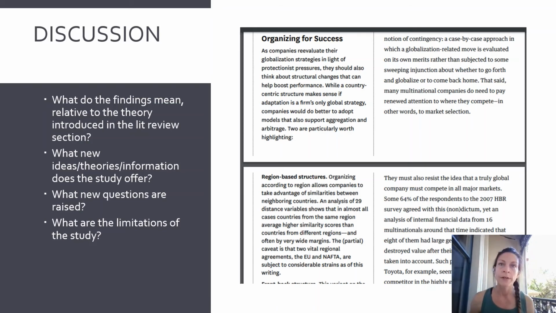You may have identified a new idea or a new theory or some information that previous studies simply have not been able to offer. So the discussion section is also going to highlight that. Anything novel, unique, or interesting that's come out of your own work. So this is what you would expect to see in the discussion section of a journal article, and also it's what we look for when we're grading your research essays.